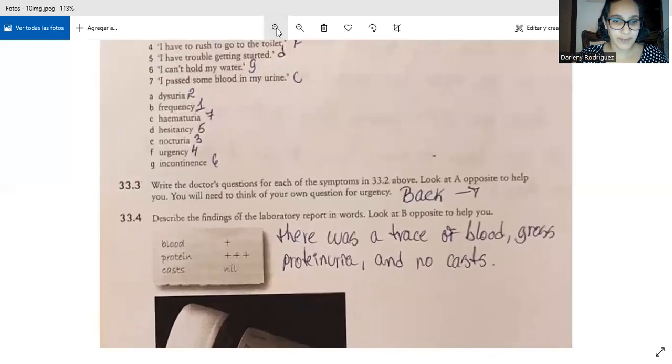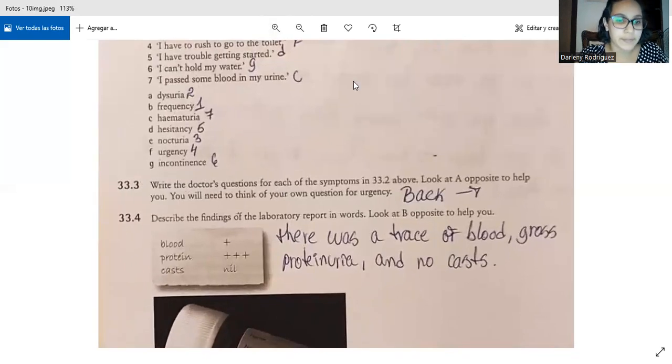Point 4. Describe the findings of the laboratory report in words. There was a trace of blood, gross proteinuria, and no casts.